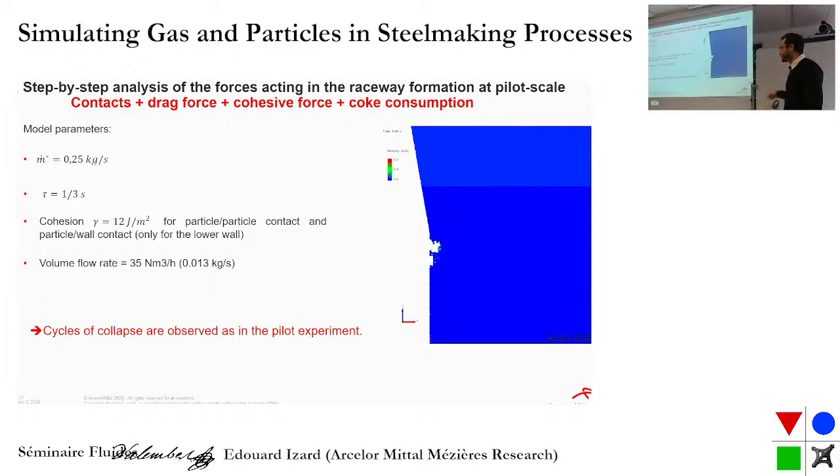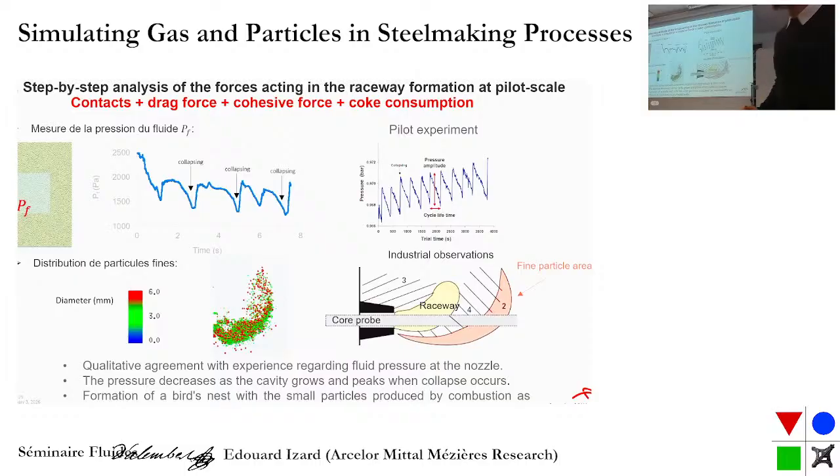And it is something that repeats in cycles like in the experiment. So the observations are qualitatively good. And if we look at the pressure at the nozzle, once the cavity expands we have a decrease of pressure and a sudden increase when we have a collapse, as we have found in the experiment.